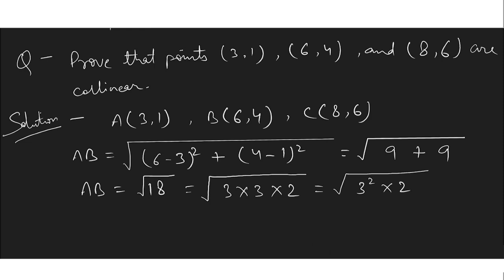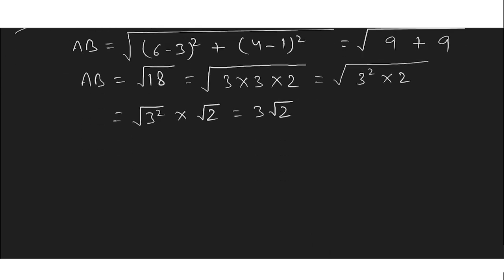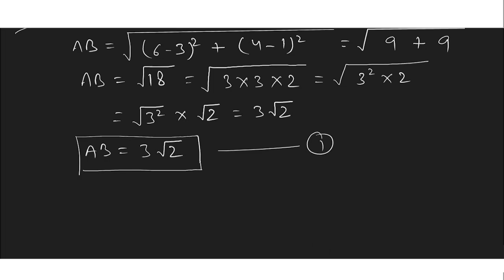Since square root of 3 square is 3, we can further write it down as 3 into square root of 2, or 3 root 2. So we have AB is equal to 3 root 2. Result number 1.